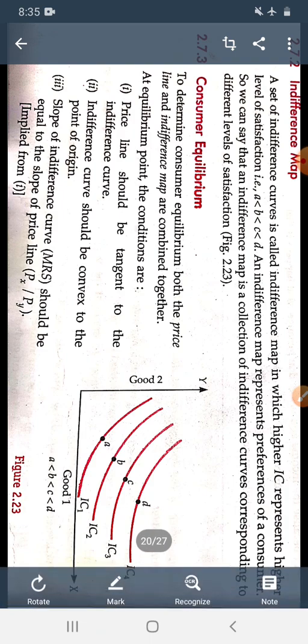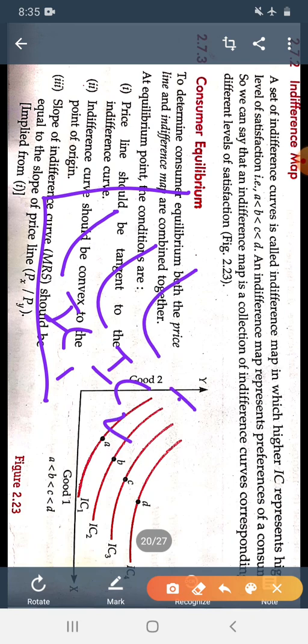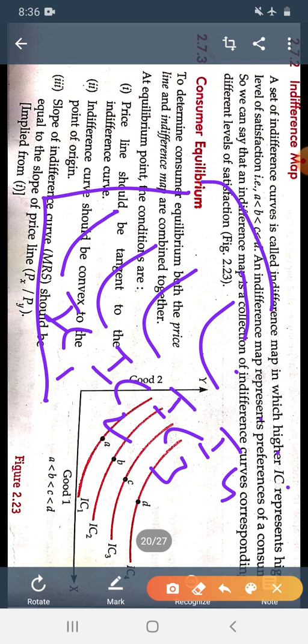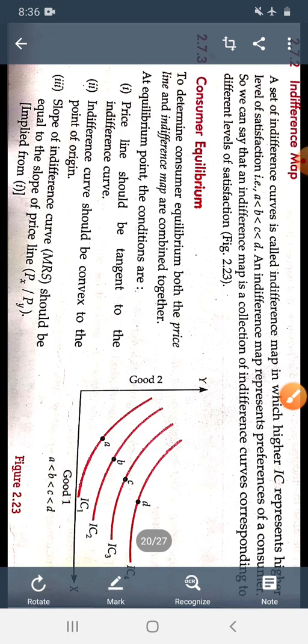That means when we have taken IC1, IC2, IC3, IC4 and so on, the set of indifference curves is called an indifference map, in which a higher IC represents a higher level of satisfaction.